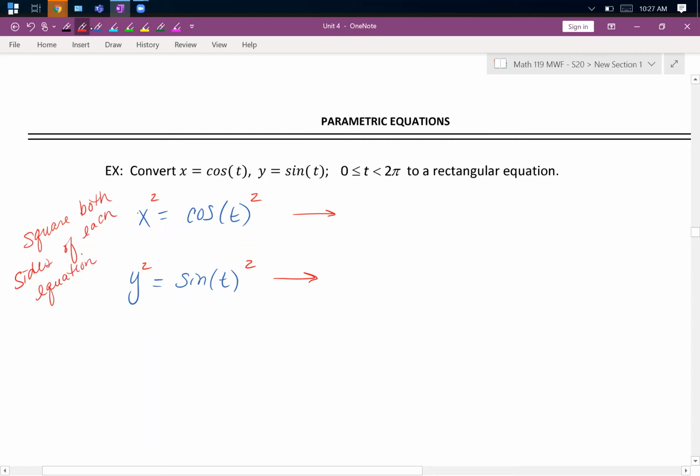So that's going to give us x squared equals cosine squared t, and y squared equals sine squared t.